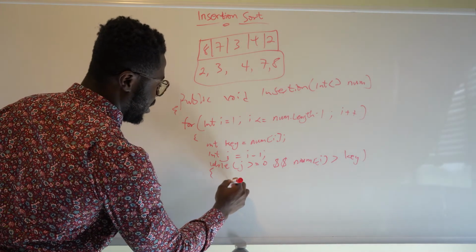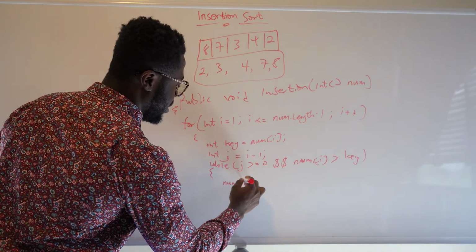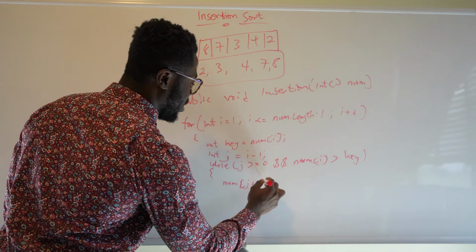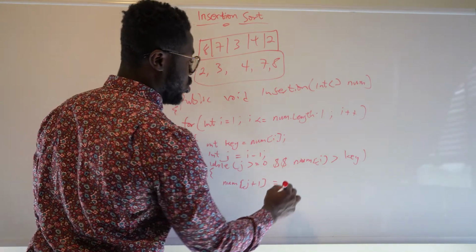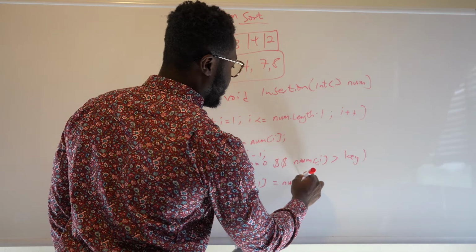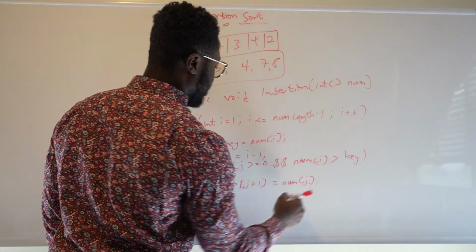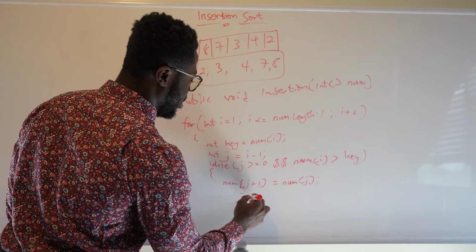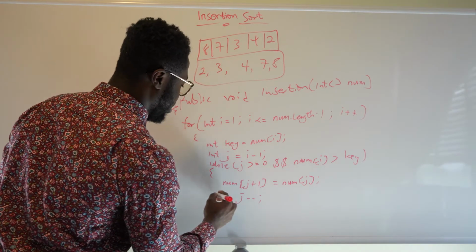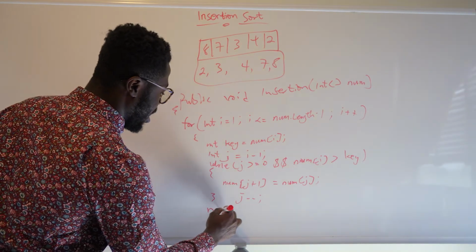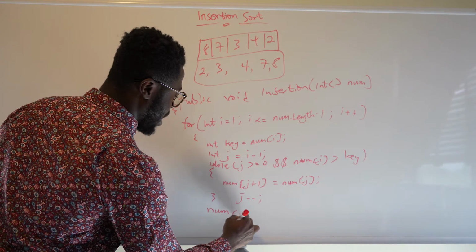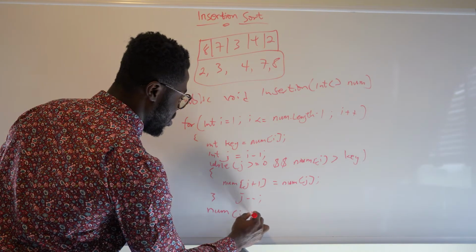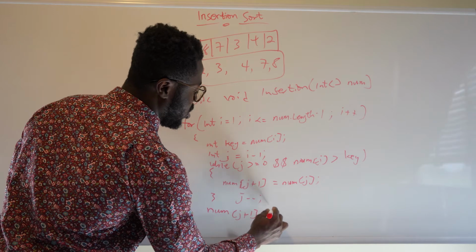Then we assign num at j plus 1 to num at j. Then we reduce j. Afterwards we set num at j plus 1 equal to key.